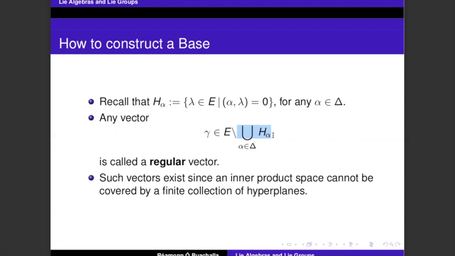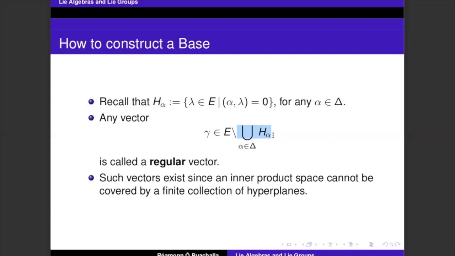Now, an important point, and you should think about this, is that such vectors are going to exist, assuming that our dimension is greater than or equal to 2. If it's dimension 1, then it's clear that we have a base: you only have 2 roots, so pick one of your root vectors and then it has a base.